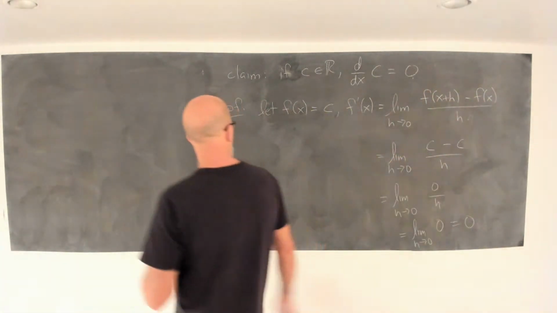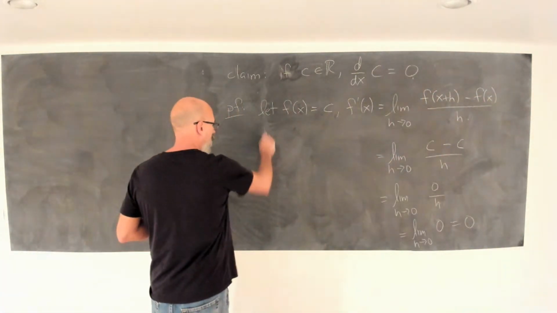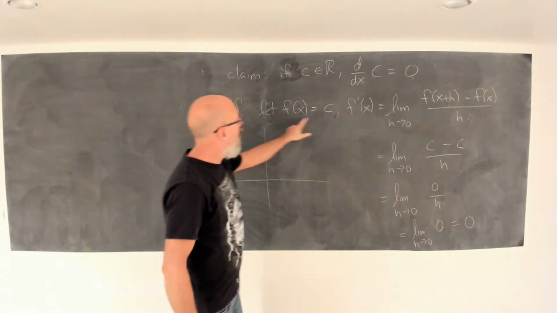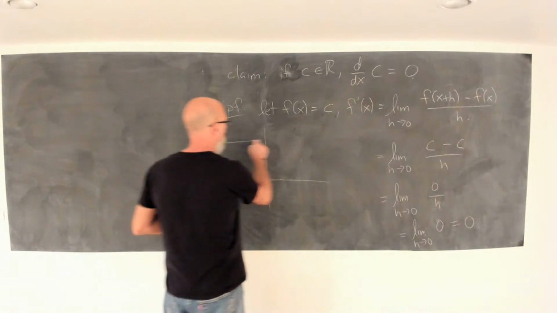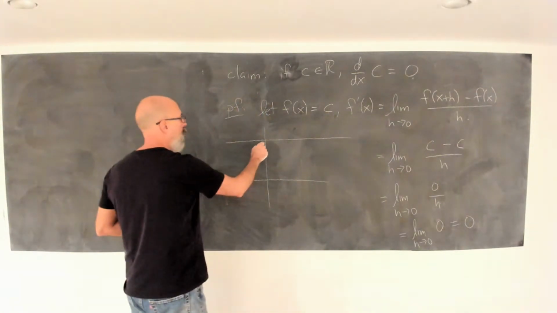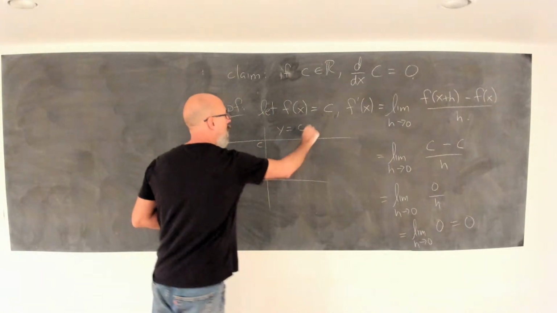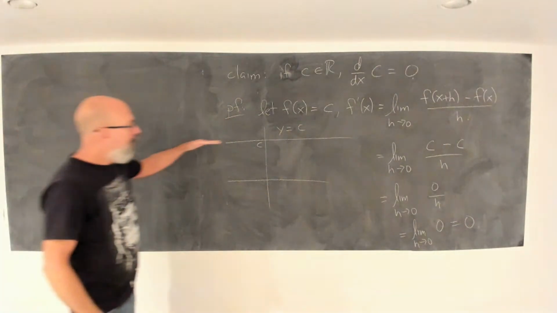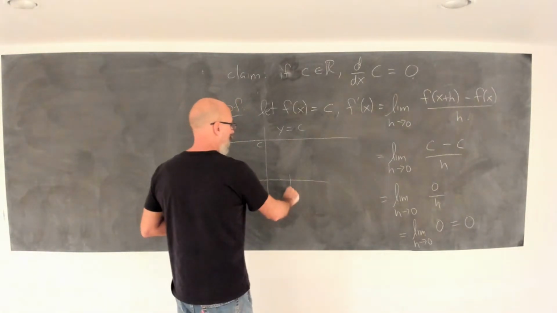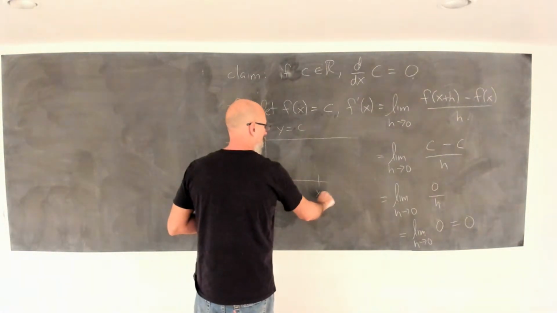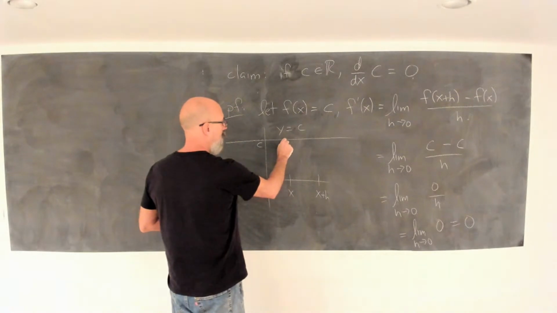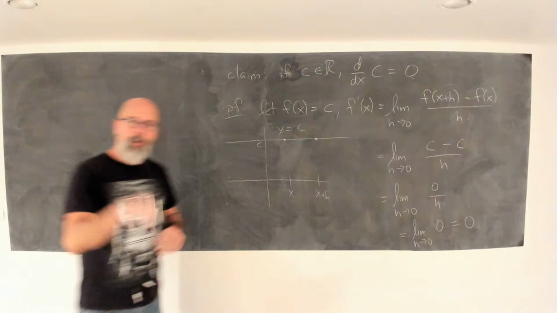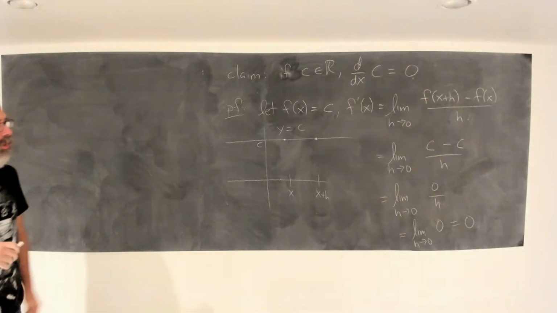Let's look at the graph to really understand what is happening. You have the function c. So you have a straight horizontal line, y equals c. F of x is c. F of x plus h, it's still c. So the slope is 0.